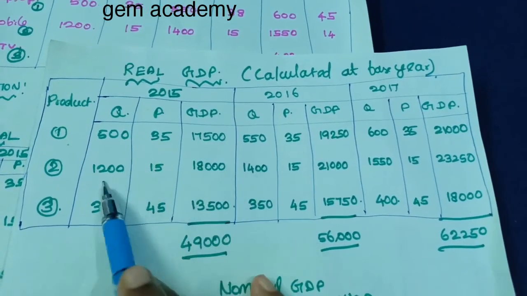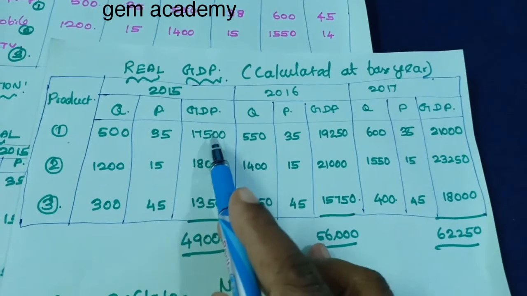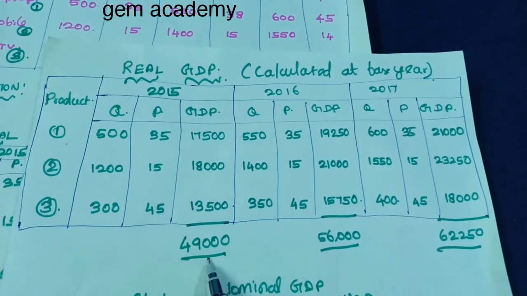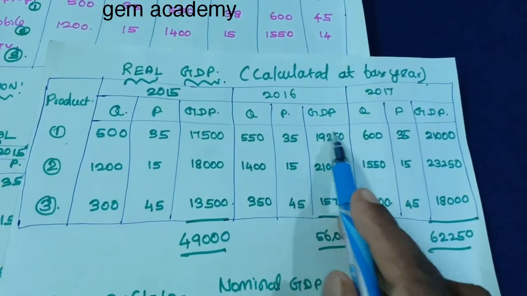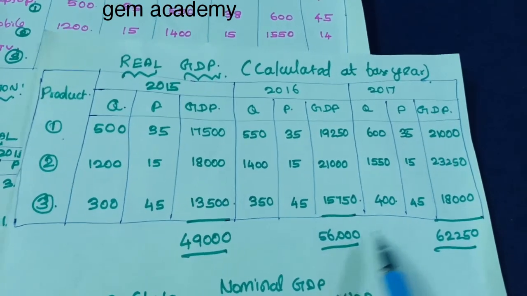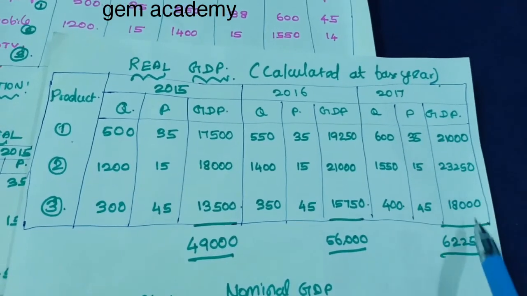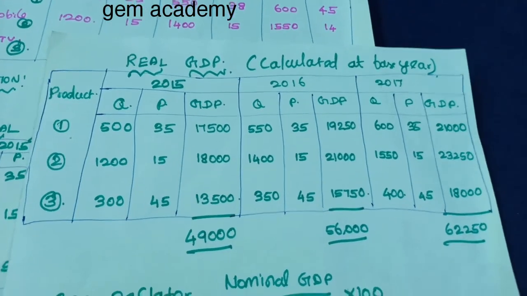So I am just multiplying the same way and adding these three values. I am getting 49,000, and for 2016 I am getting the value 56,000, and for 2017 I am getting the value 62,250.